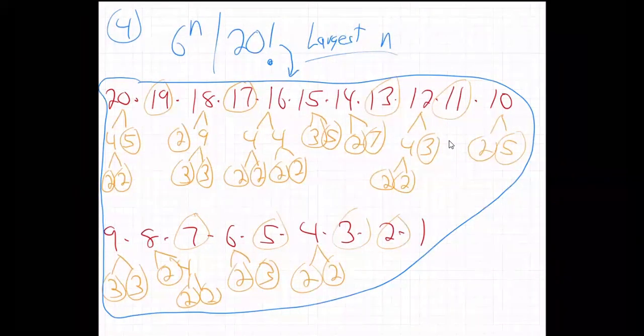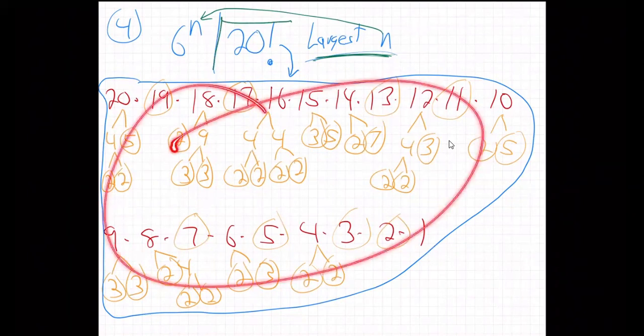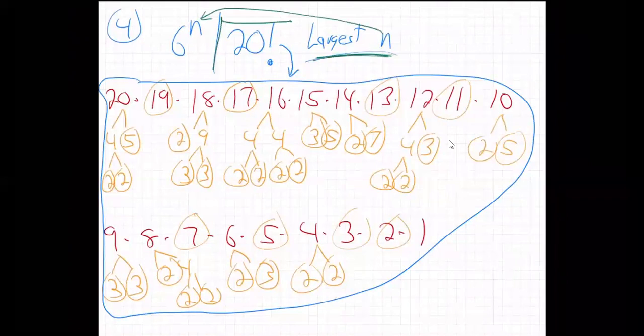So the question is, what's the largest n, what's the biggest power we can put on that 6 and have it evenly divide into all this stuff, which is 20 factorial? So what's the largest power we can put on that 6?